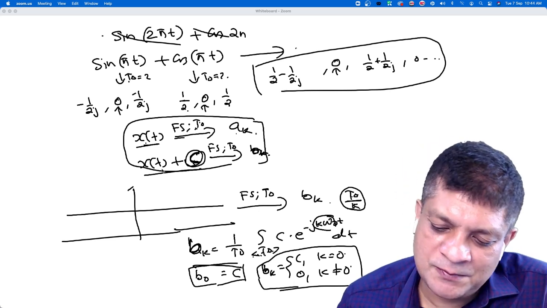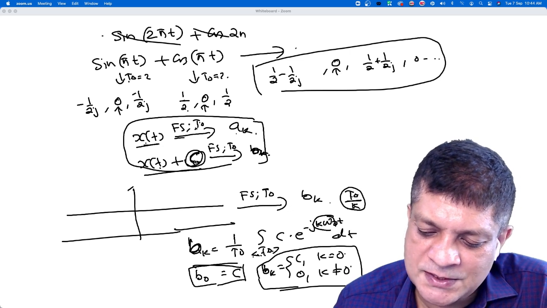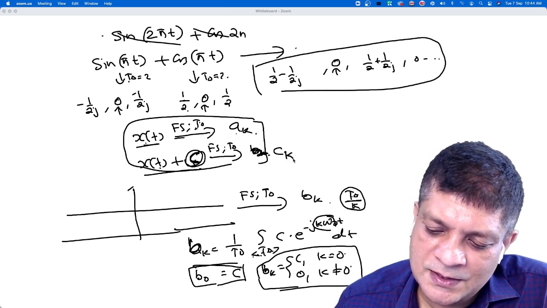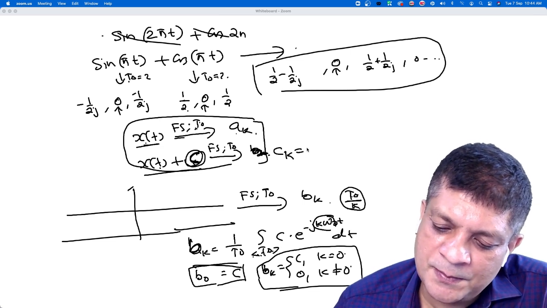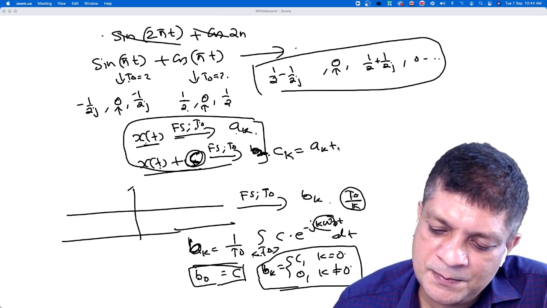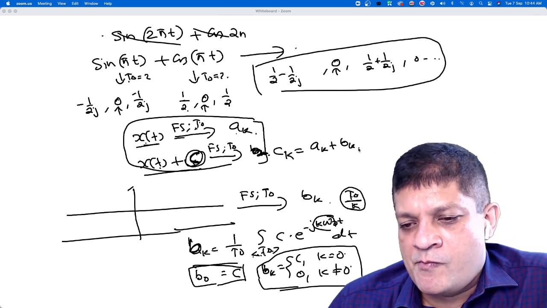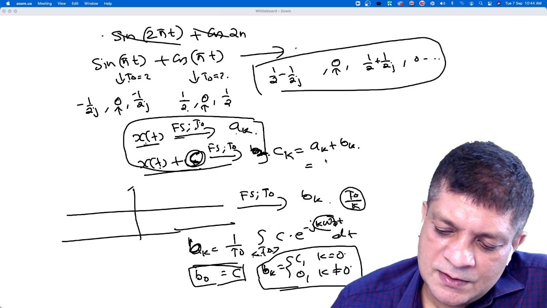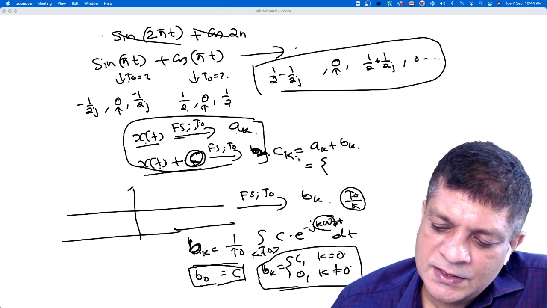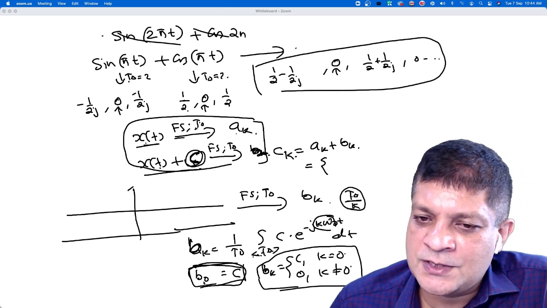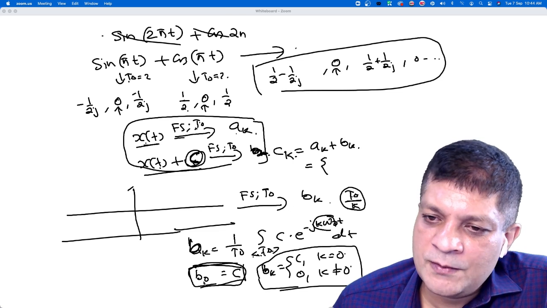Now tell me, what are the Fourier series coefficients of this x(t) plus C? I am denoting it as c_k. Using the linearity property, we can write it as a_k plus b_k. How many non-zero values are there for this constant signal? Only one value.